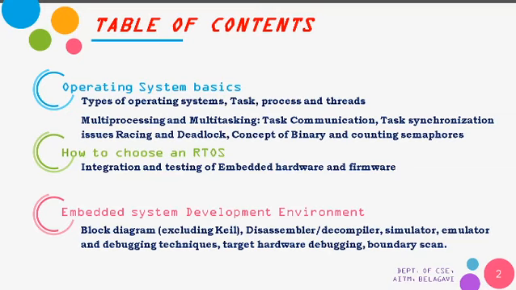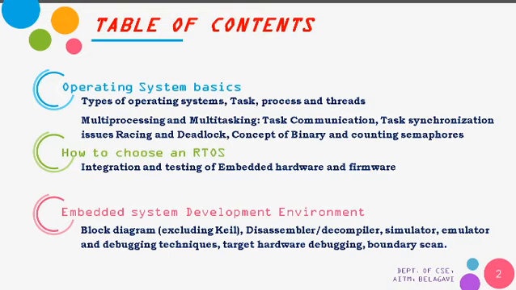Then we'll see how to choose a real-time operating system, and under this we'll see integration and testing of embedded hardware and firmware, and lastly we'll see the embedded system development environment. So there we'll see the block diagram, disassembler, decompiler, then simulator, emulator and debugging techniques, then target hardware debugging and boundary scanning here. Now we'll see in detail about these contents.